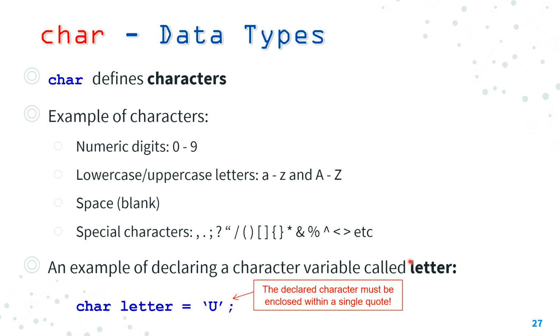To declare a character variable, we use the keyword char. For example, char letter equals 'U'.